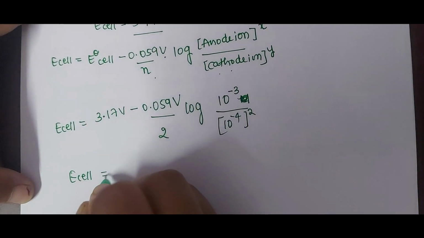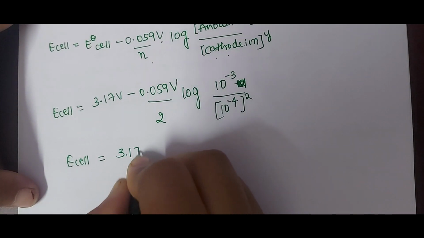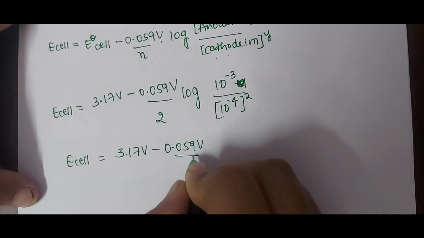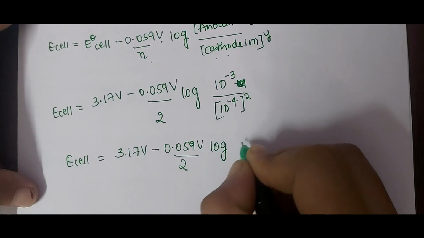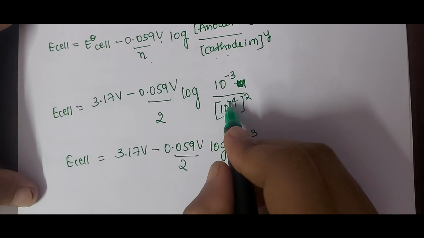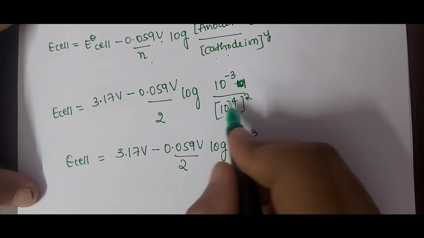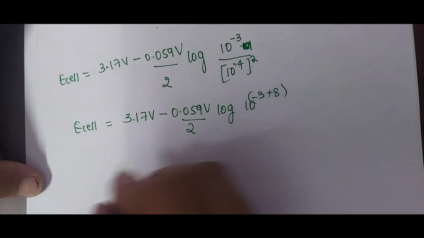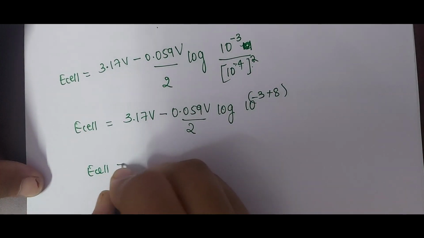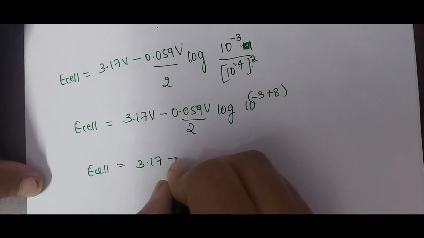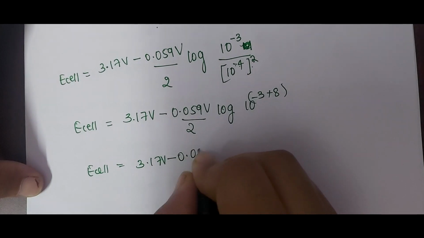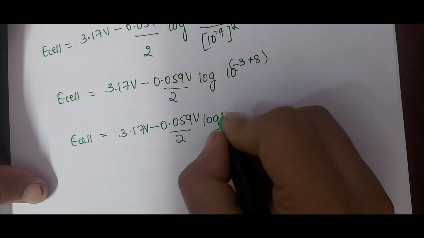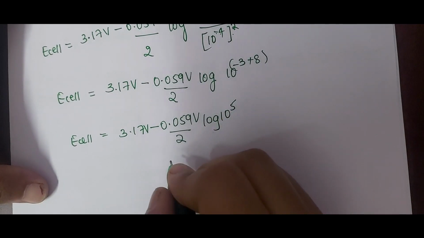E cell equal to 3.17 volt minus 0.059 volt divided by 2 log of 10⁻³ divided by 10⁻⁸. Minus 4 into 2 is 8, minus 8 going up becomes plus 8. So we'll simplify this. When we simplify we get E cell equal to 3.17 volt minus 0.059 volt divided by 2 log of minus 3 plus 8, which is log 10⁵.